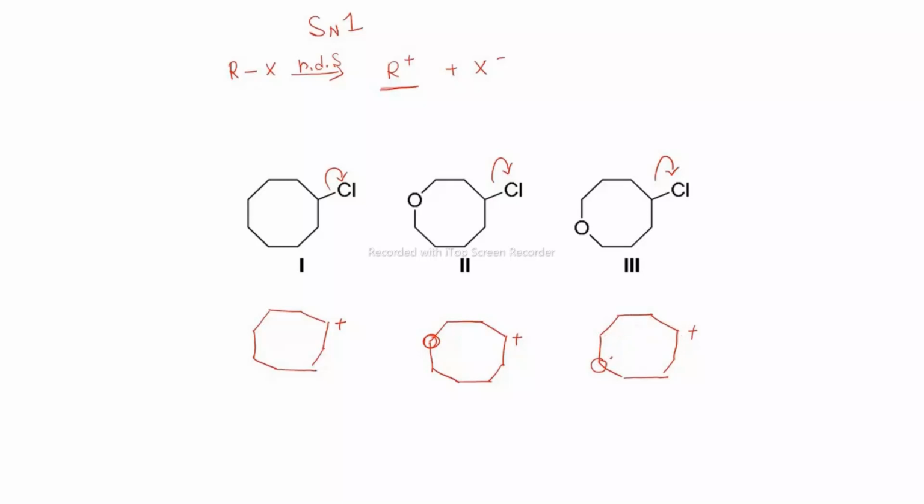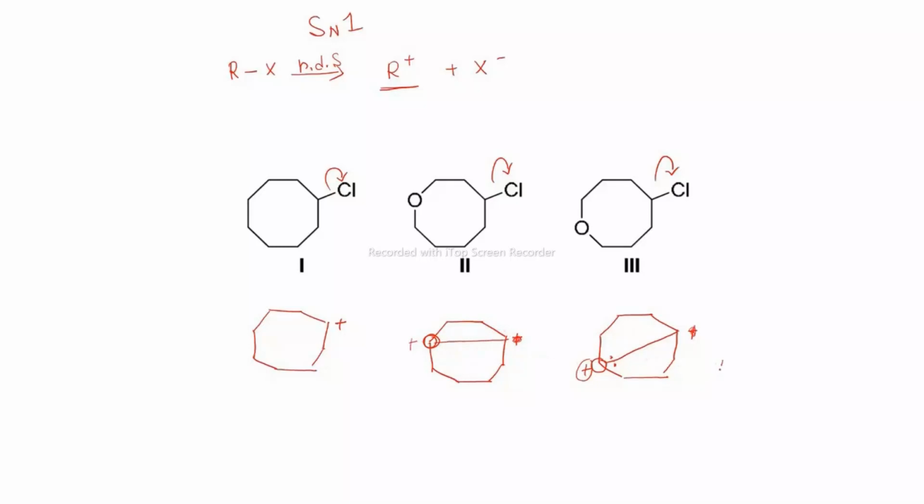Here we observe in these two cases, 2 and 3, long range participation that stabilizes the carbocation. But in option 1, we cannot see any long range participation. Here the oxygen lone pair will form a bond like this, so the carbocation will now be here, and this type of stabilization will be there. Similarly, this type of stabilization will also be there, so the carbocation will be here.